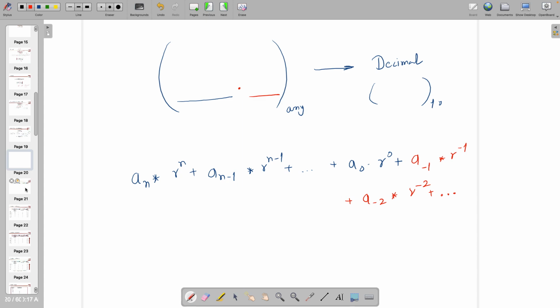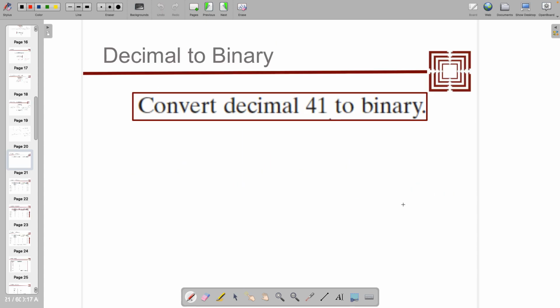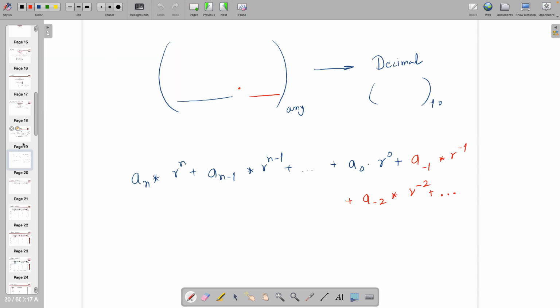But if you are interested in the other way around, you want to convert the decimal number to any system, so what to do? In this case, if you remember, we used to multiply this side and this side we used to divide. This side actually it's multiply and this side it's divide.